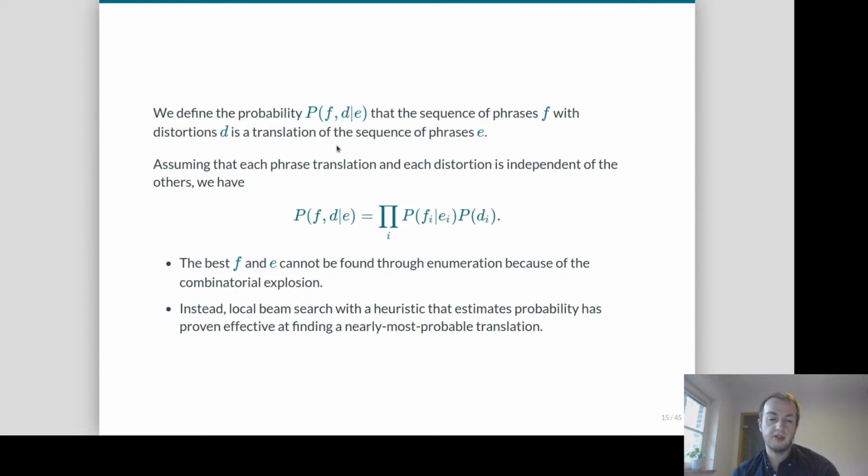If we were to do that, it would work, but it would not be practical. You wouldn't be able to translate anything longer than a few words because there is a combinatorial explosion.